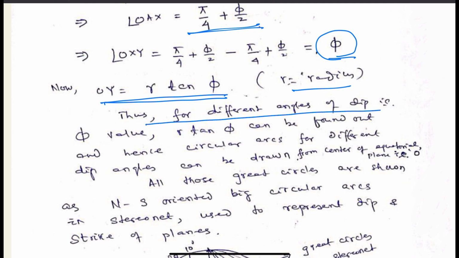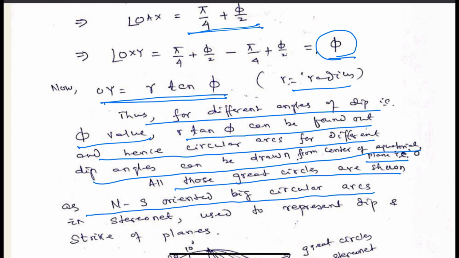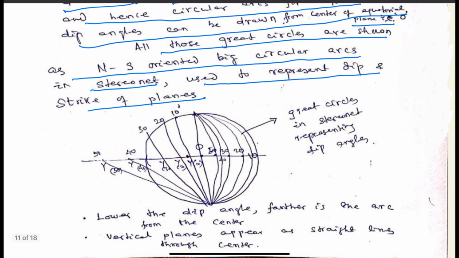Thus, for different angles of dip, that is phi values, r tan phi can be found out, and hence circular arcs for different dip angles can be drawn from the center of the equatorial plane, that is O. All those great circles are shown as north-south oriented big circular arcs in the stereonet, which is used to represent the dip and strike planes.